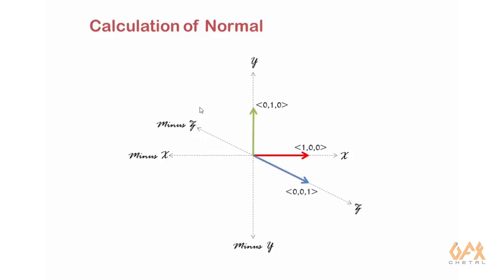If any normal direction is toward minus x, that is represented as minus 1 0 0. Same way minus y, 0 minus 1 0, and minus z, 0 0 minus 1. So this is the simple concept of calculation of normals.